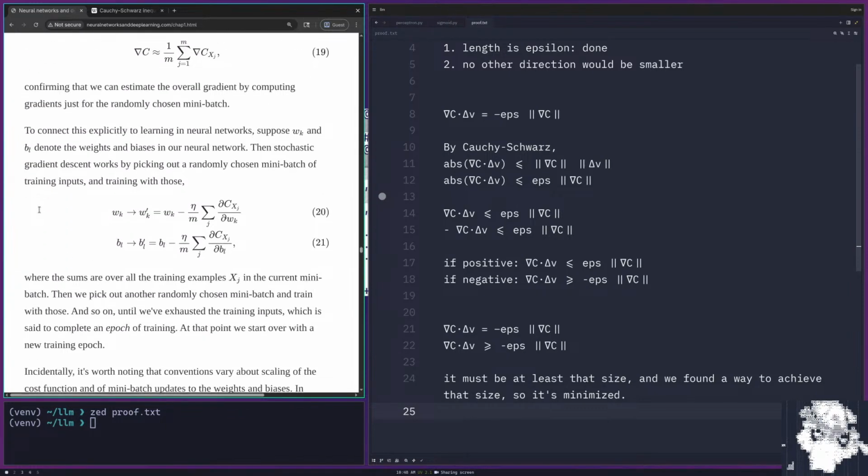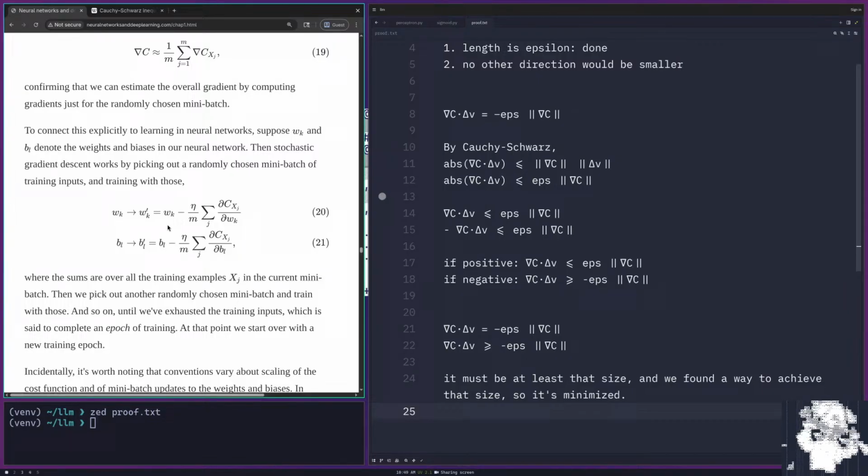To connect this explicitly to learning in neural networks, suppose Wk and Bl denote the weights and biases in our neural network. Then stochastic gradient descent works by picking out a randomly chosen mini-batch of training inputs and training with those. Wk goes to W prime k, which is equal to Wk minus eta over m times the sum over j of the gradient of C Xj with respect to Wk.